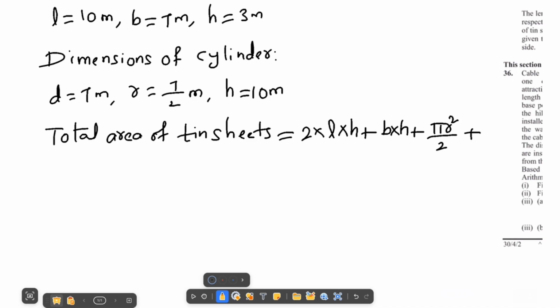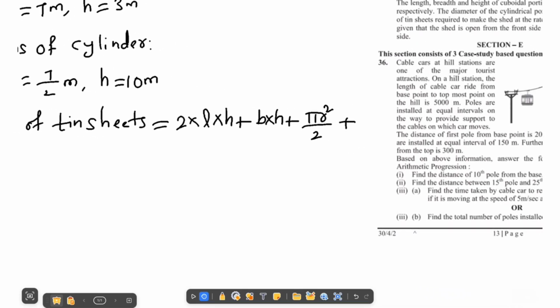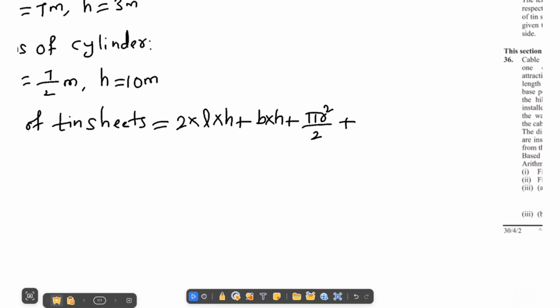Plus the curved surface area of the half cylinder. The full cylinder curved surface area is 2 pi r h, and since it is a half cylinder, divided by 2. So let's apply the values.